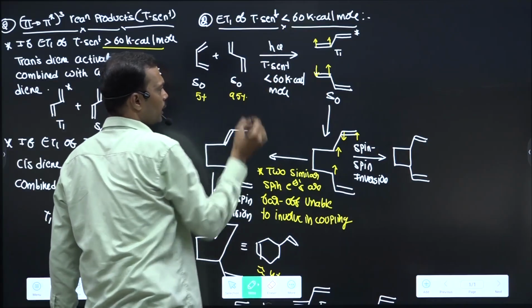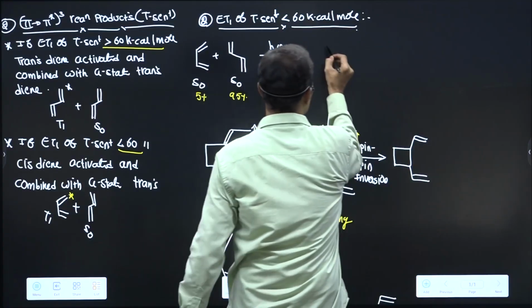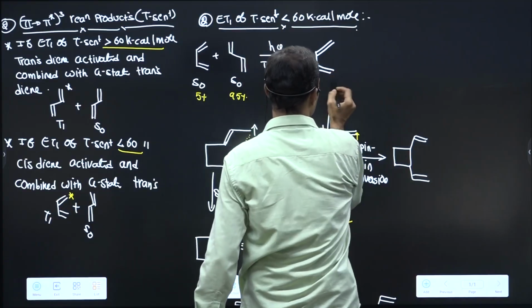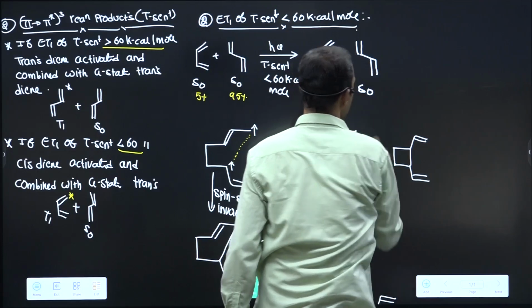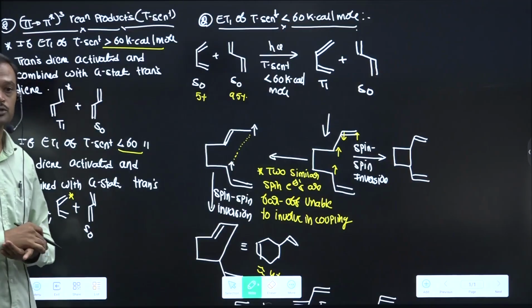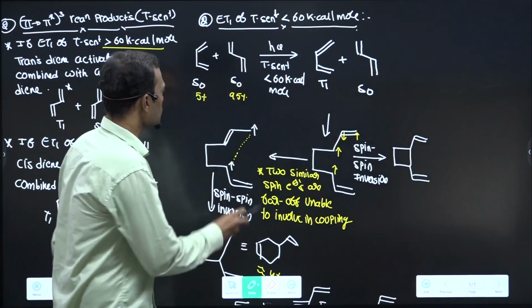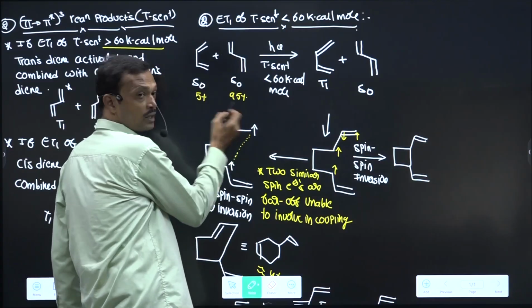Which is activated? Cis is activated or trans is activated? Cis is activated. Cis activated and combined with which one? Trans. Because now the ET1 value is very close to the cis isomer. Cis activated combined with trans. What is the population? 5% activated, 1 activated combined with 95.